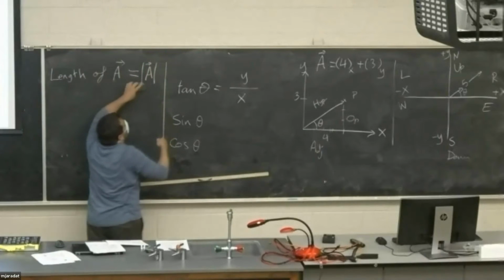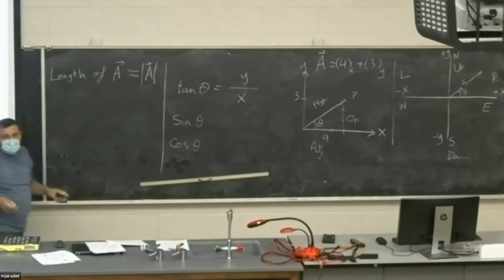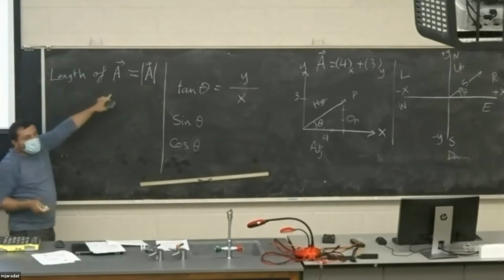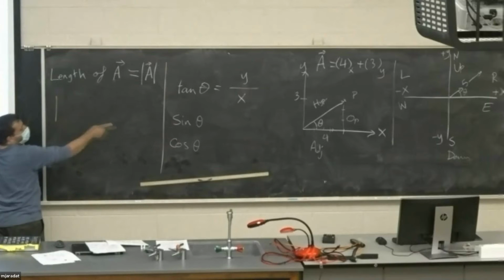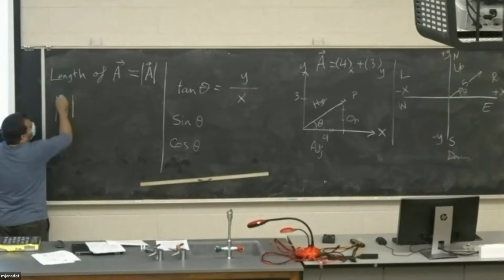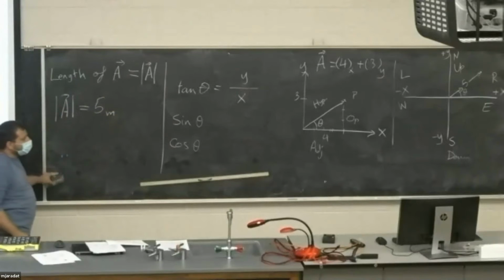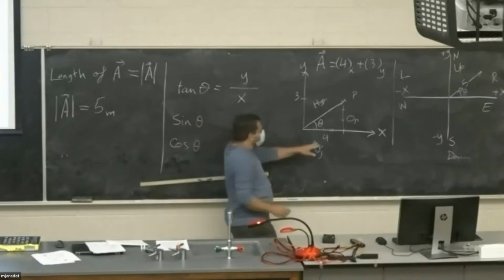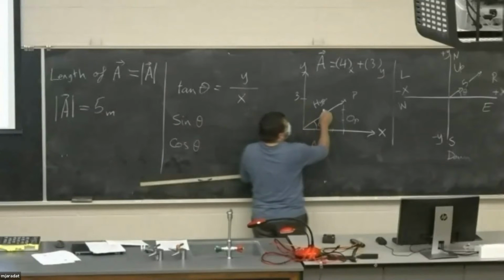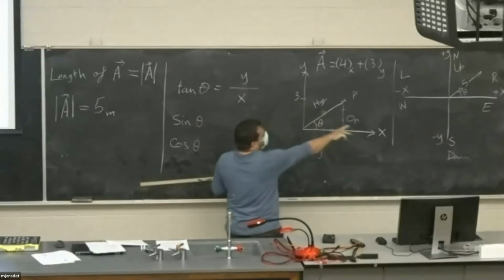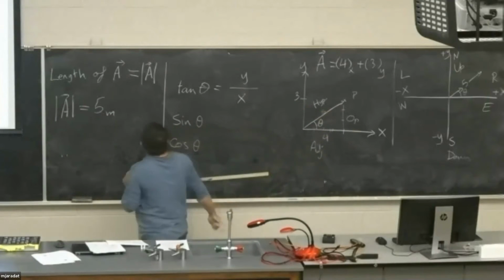We need to put these lines just like that. This is the length of A. Now, how much is our vector A length? It is 5 meters, because this is 4, this is 3, so this is 5, using the Pythagorean theorem. We just solved it.